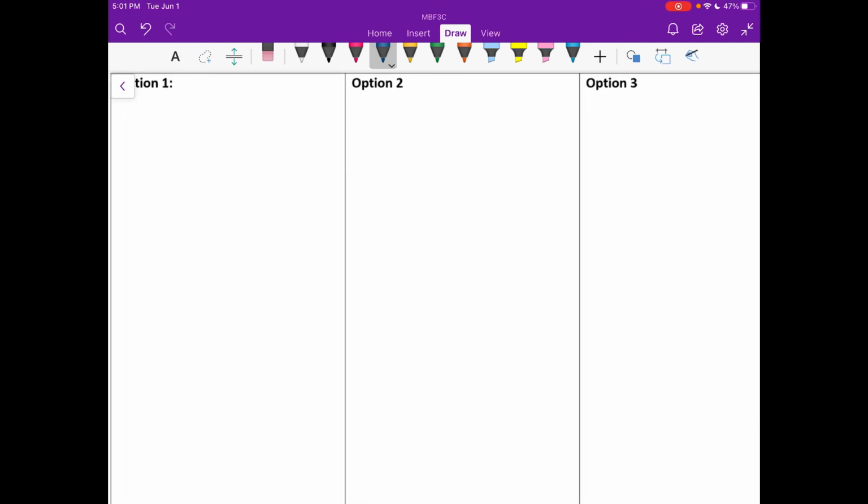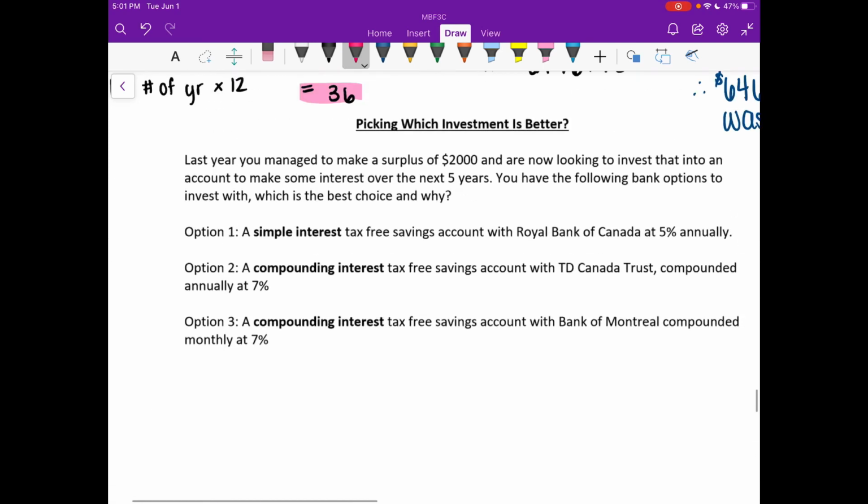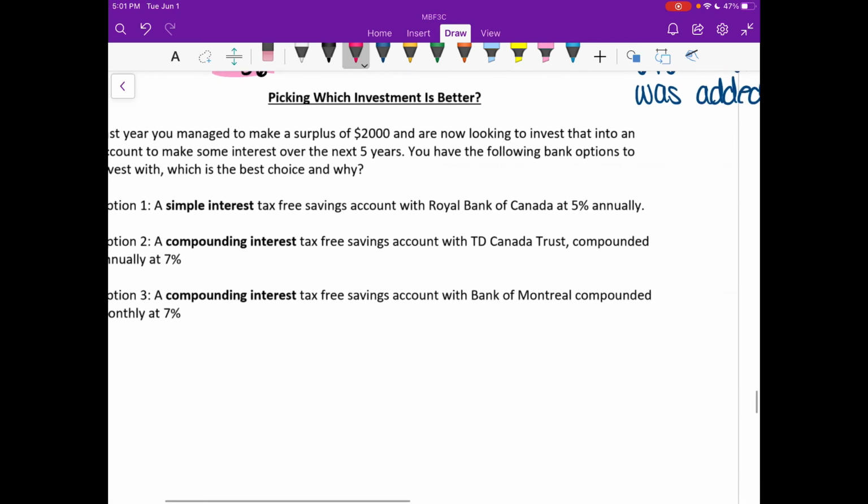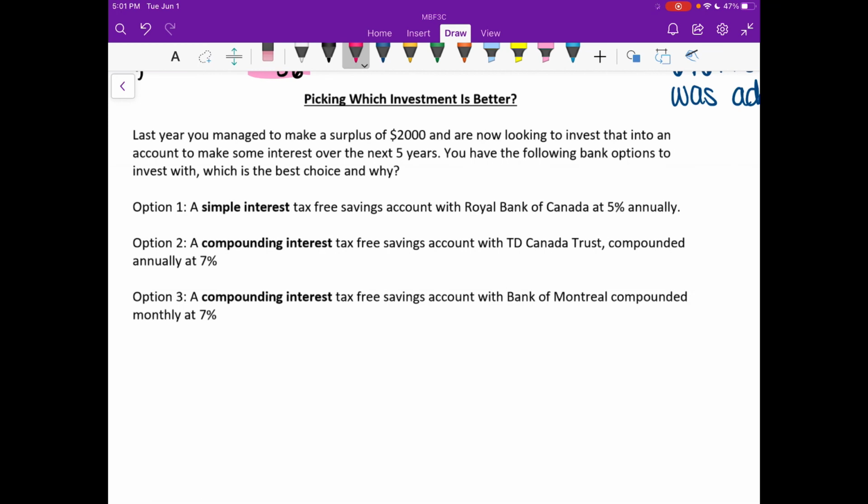The first one is a simple interest account, so we're going to use a simple interest formula. So future value is equal to P(1 + RT), right? I want to go fill in what I already know. The principal amount is the original amount that I'm investing, which is, last year you made a surplus of $2,000 and now you're looking to invest.